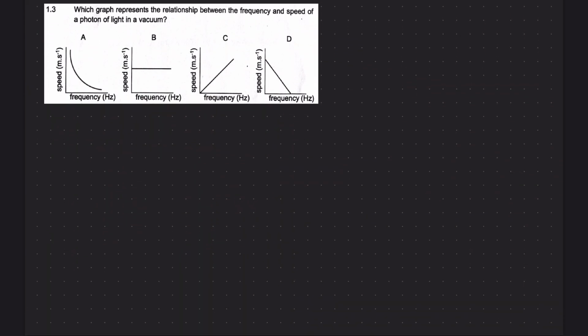Question 1.3. Which graph represents the relationship between frequency and speed of a photon? So important here, speed of a photon of light in a vacuum. Now, we know that light, or photons in light, travel at a constant speed, c, which is 3 times 10 to the power 8 meters per second.